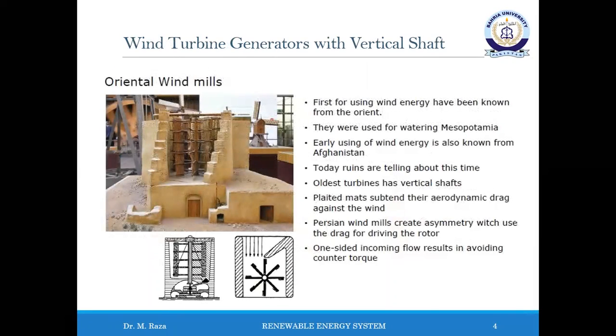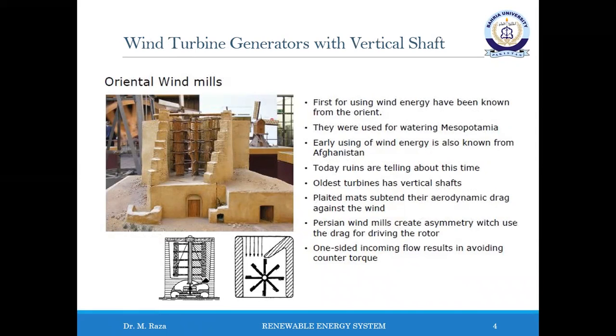According to historians, the first machines utilizing wind energy were operated in the Orient as early as 1700 BC. It is mentioned that King Hammurabi used windmills for irrigation in the plains of Mesopotamia.